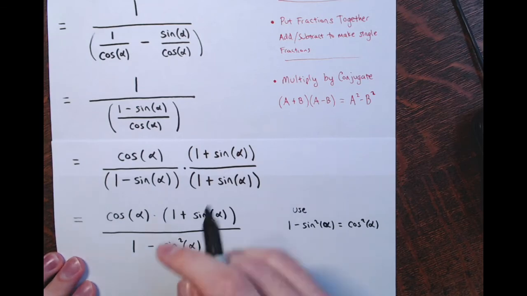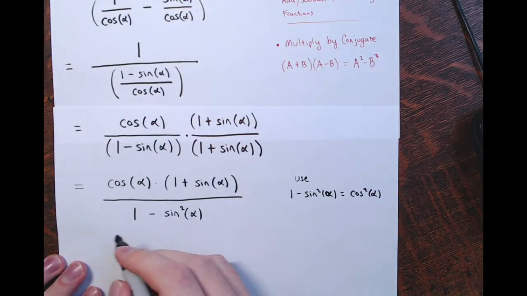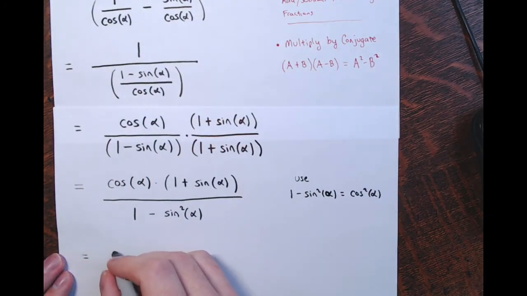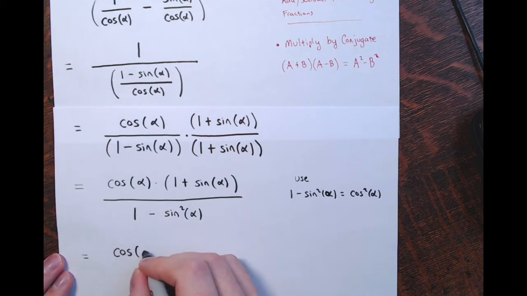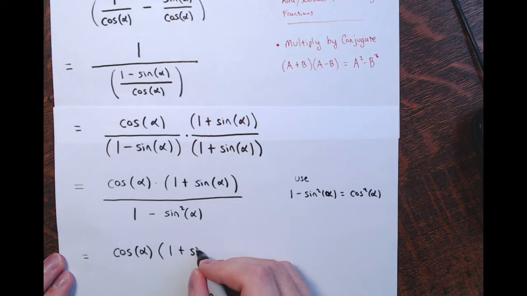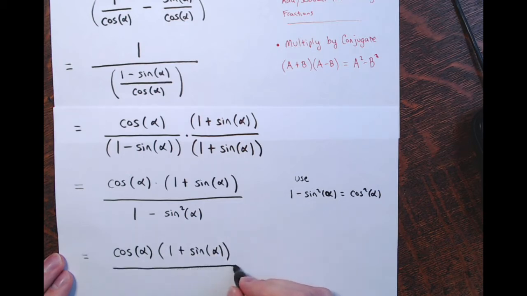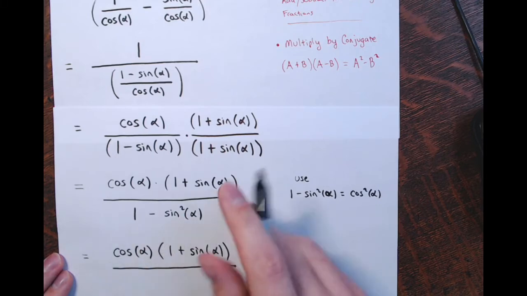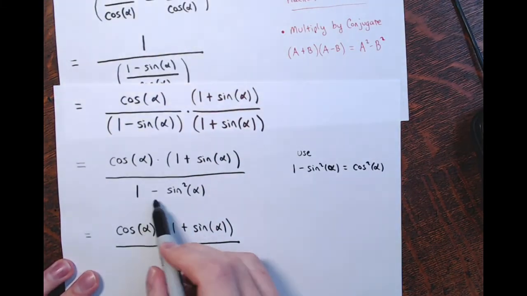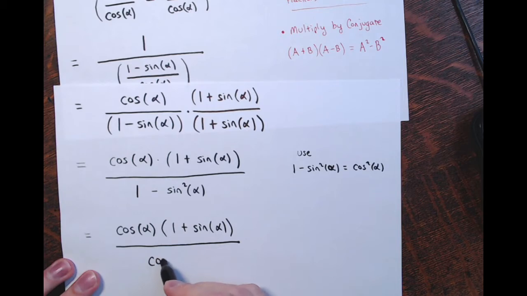You can manipulate it. So I make that replacement, so now I have cosine alpha times the quantity 1 plus sine alpha in the numerator, divided by, and then this 1 minus sine squared in the denominator becomes cosine squared.